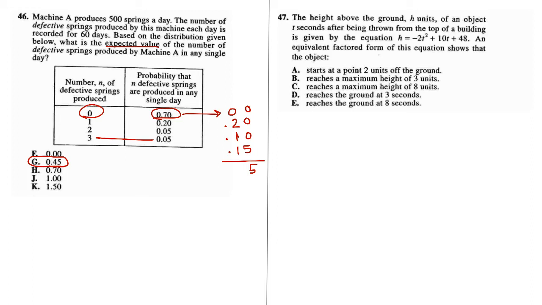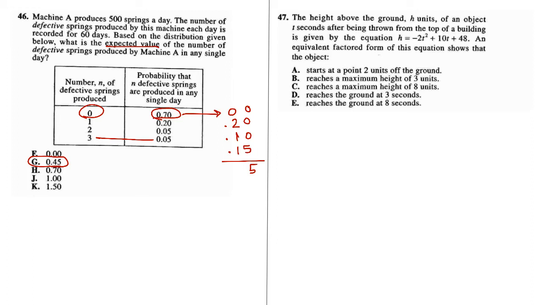All right, 47, the height above the ground in h units of an object being thrown is given by the equation. An equivalent factored form of this equation shows that, my goodness, it looks like we're going to have to factor this. Oh no. Well, let's see. Just looking at the answer choices, it might be a maximum height.